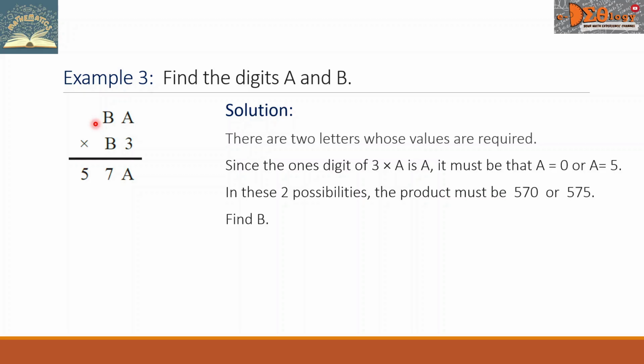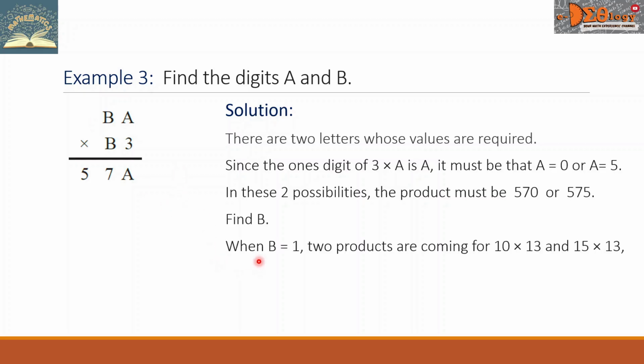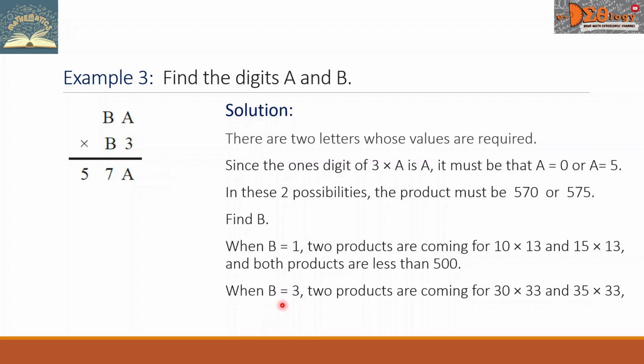Now let us find B. Let us do trial and error. Suppose we assume that B equals 1. Two products are coming, 10 times 13 and 15 times 13, and both products are less than 500. That is not equal to our product here. Now suppose we assume that B equals 3. Two products will be 30 times 33 and 35 times 33, and both products are more than 900.